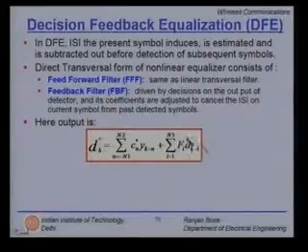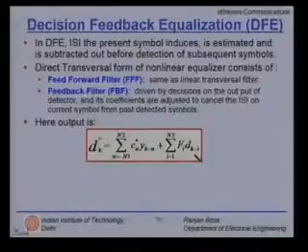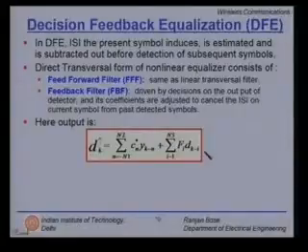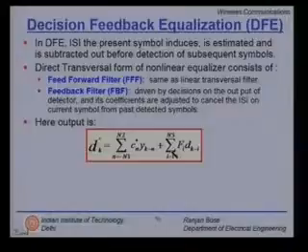Right. Please note here you are working on the delayed version of the decisions. What is your dk? dk is the decision on a symbol being transmitted, and as you can take dk minus i, you delayed the previous. So, based on the previous symbols, you adjust the weights and subtract the ISI.